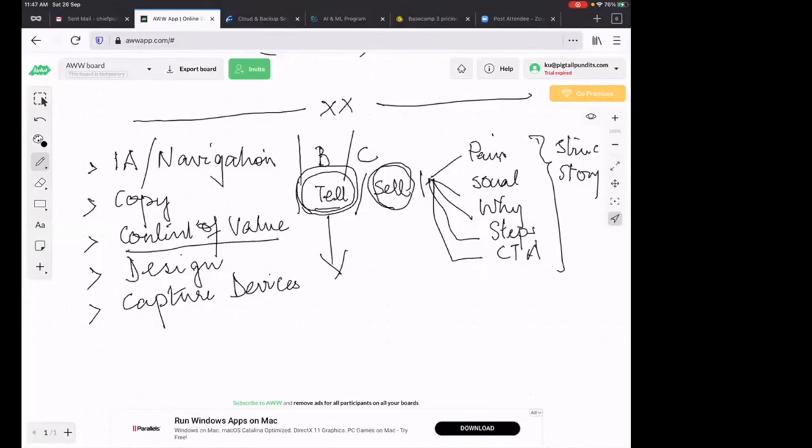Content of value is to do with things like blogs, which educate the customer in that category. Case studies, which are essentially, I have done this for people like you kind of statement. Testimonials, which are third-party endorsements.